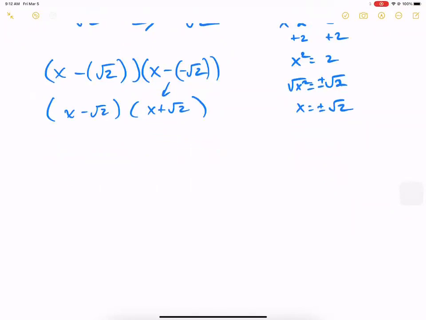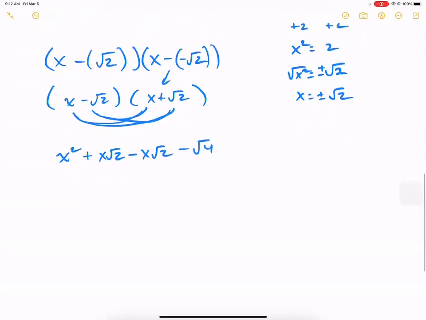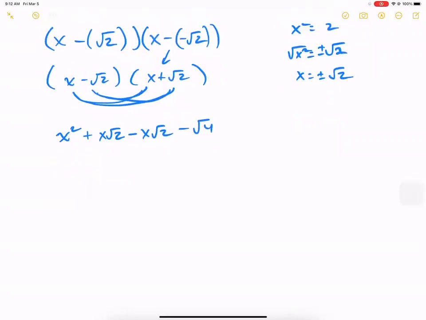When I'm trying to get them back to the original polynomial, stuff always cancels out. x times x, of course, is x squared. x times the square root of 2, I'm going to write that as x square root of 2, negative square root of 2 x, and negative square root of 4. We're going to redo this and combine like terms. We have x squared minus the square root of 4. The square root of 4 is really 2.